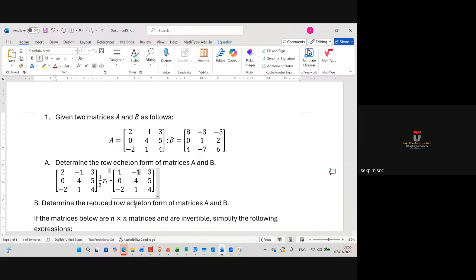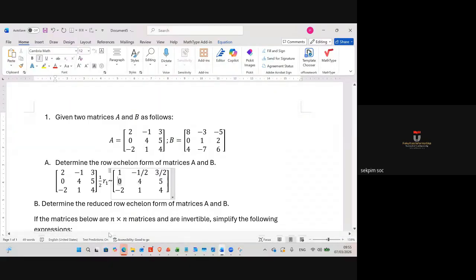This is minus half, right? This is 3 halves, right? Okay, this is what we have here. We have a pivot element here.